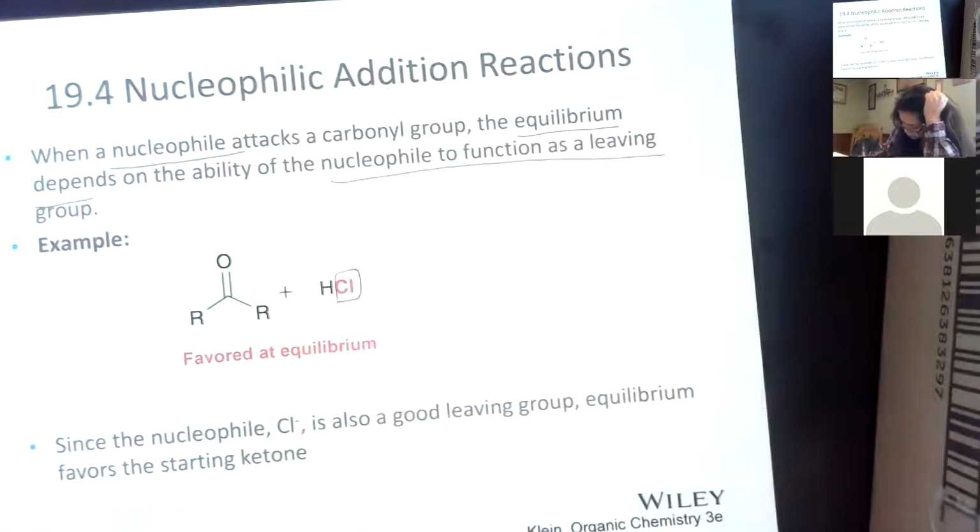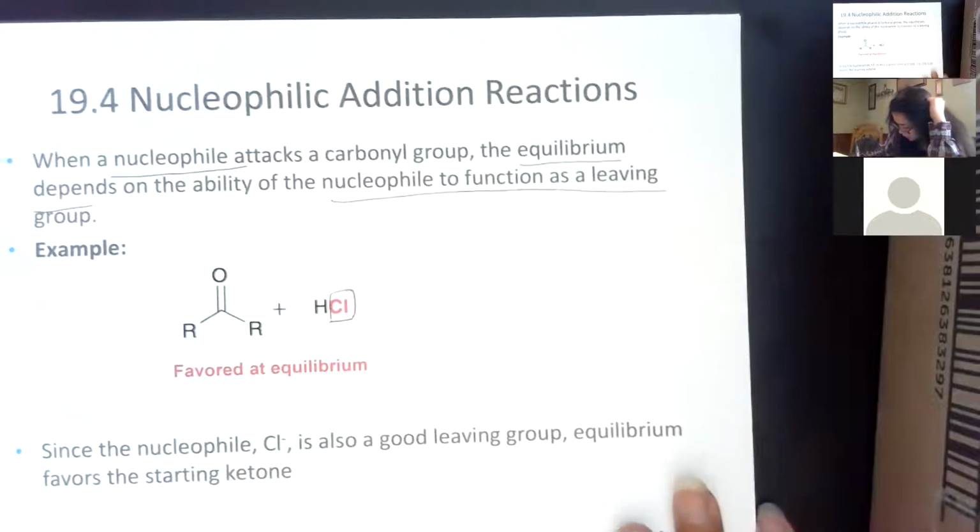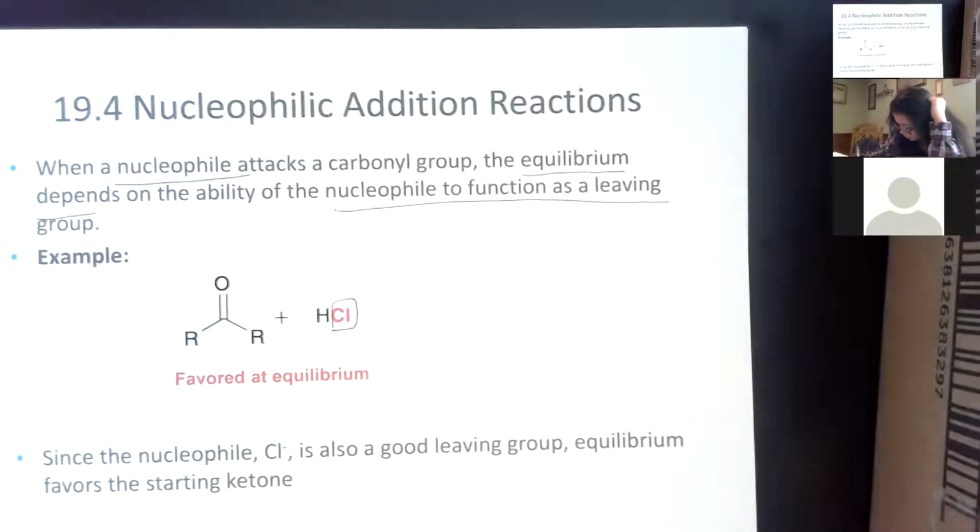Cl minus is your nucleophile. Can you predict the product? Let's see. I don't want the mechanism, although you can write it down. Let's see if you can predict the product.